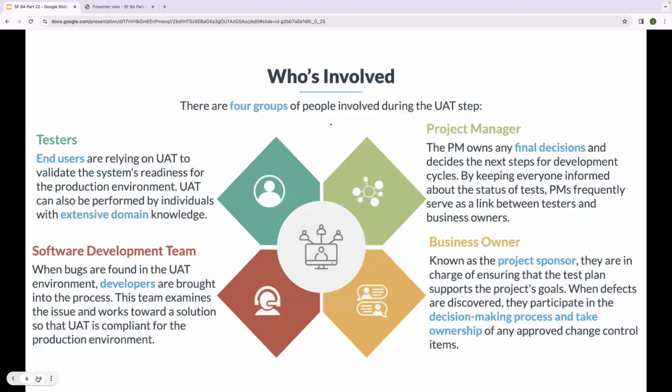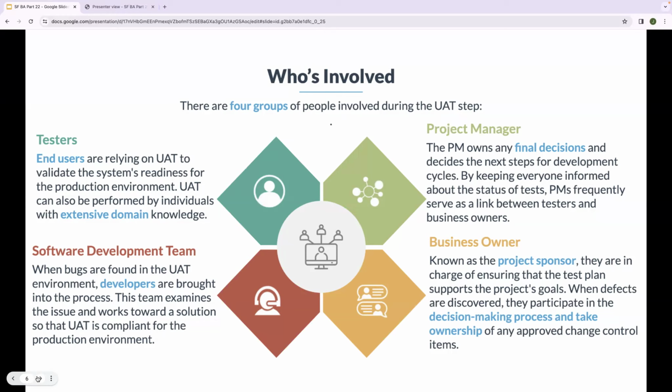Those involved: there are 4 groups of people involved during the UAT steps. Testers: end users are relying on UAT to validate the system's readiness for the production environment. UAT can also be performed by individuals with extensive domain knowledge. Software development team: when bugs are found in the UAT environment, developers are brought into the process.